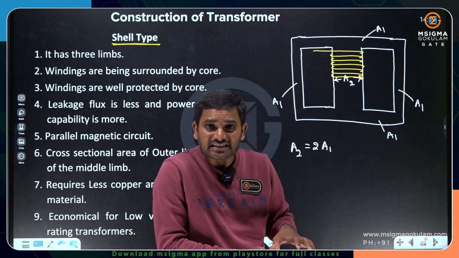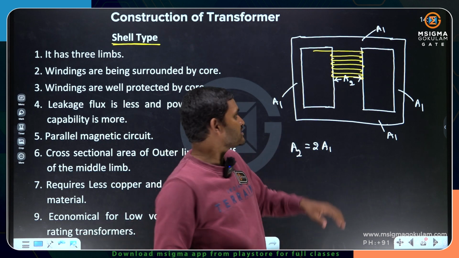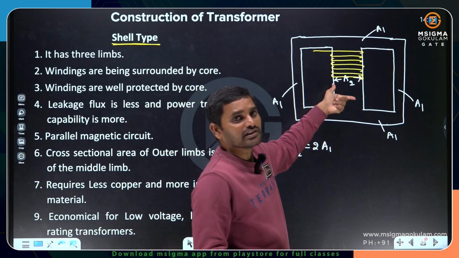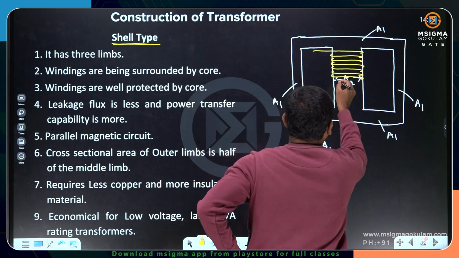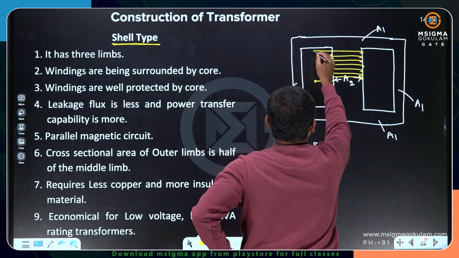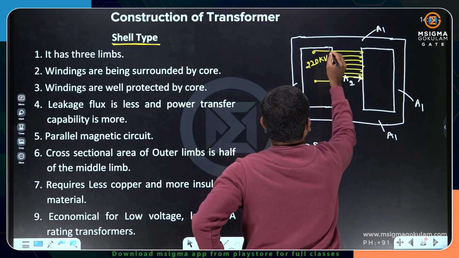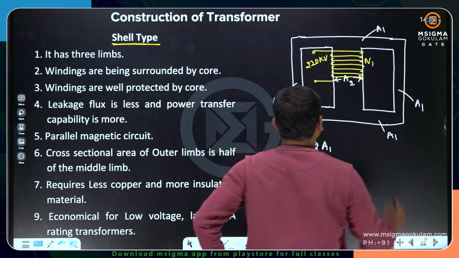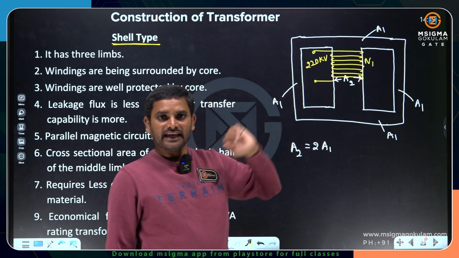I cannot place the high voltage winding completely, because I have to place the low voltage winding also on the same leg. Therefore, I am stopping the number of turns here. So this is my 220 kV winding, which is N1 turns.